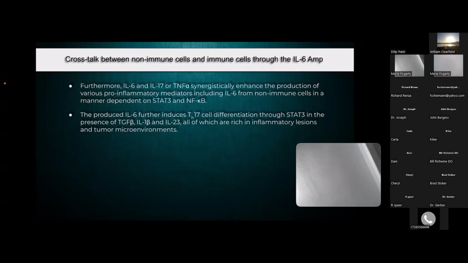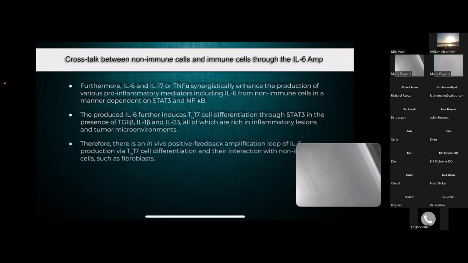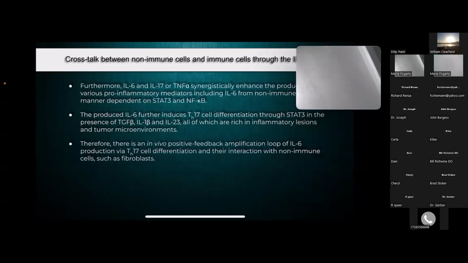So those are also accelerating this process and this polarization of Th17, which is producing more interleukin 6, which is triggering STAT3 in the damaged cell or in the, I always say milieu.